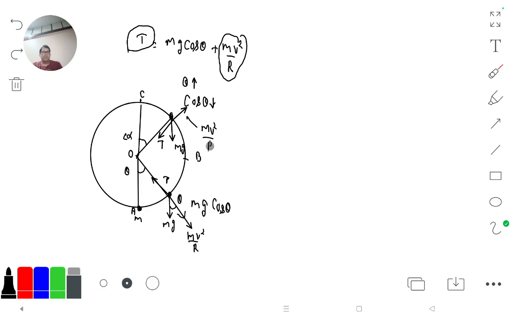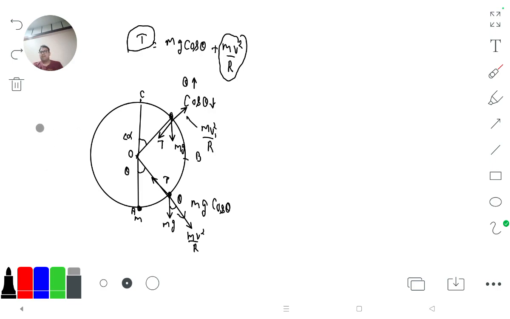Here we can consider velocity v1. So the centrifugal force would be equal to mv1 square by r. Since the particle is at rest in the radial direction, the net force on the particle must be zero.